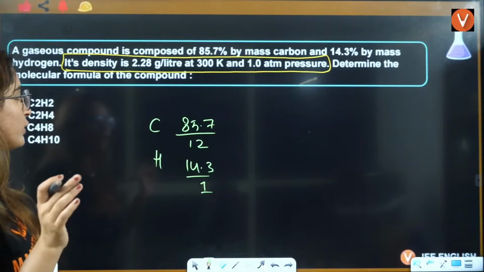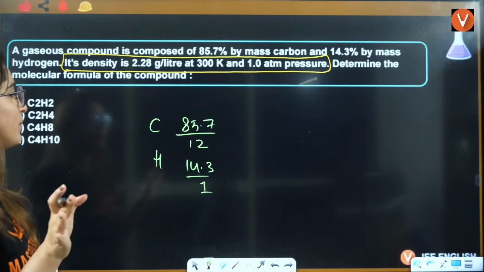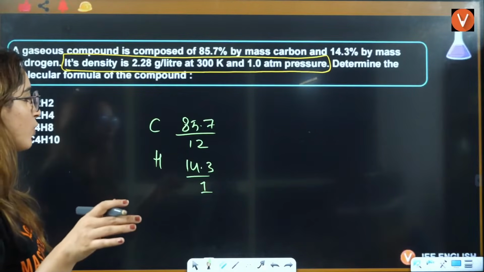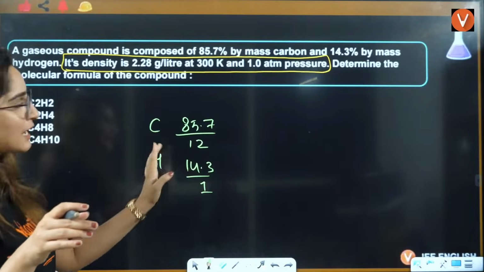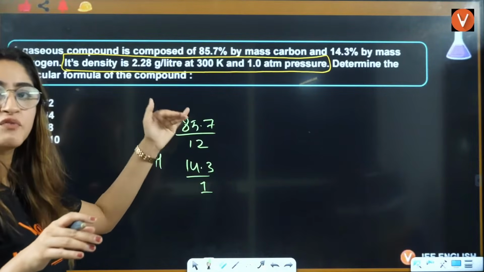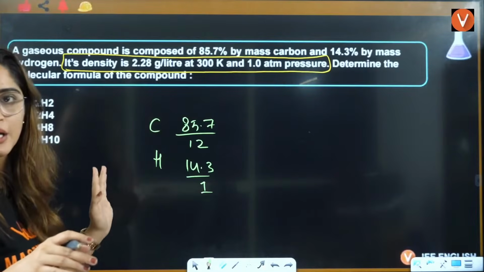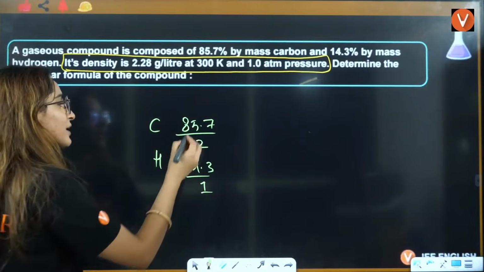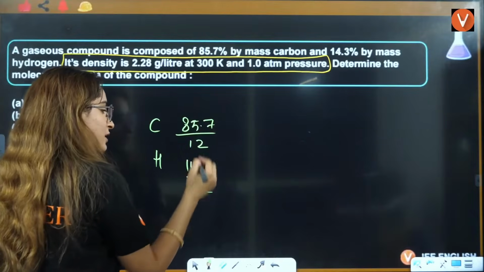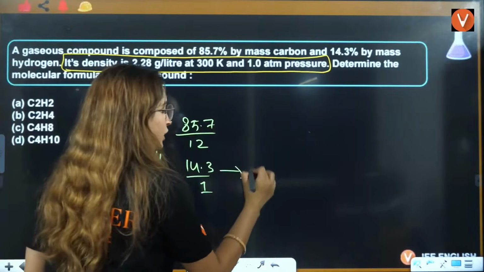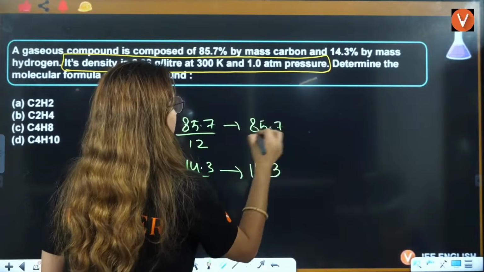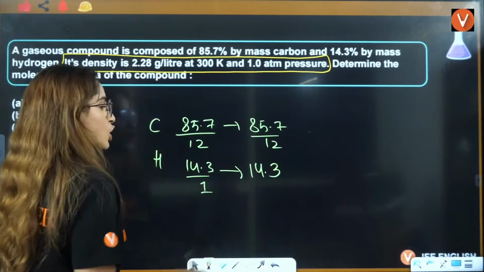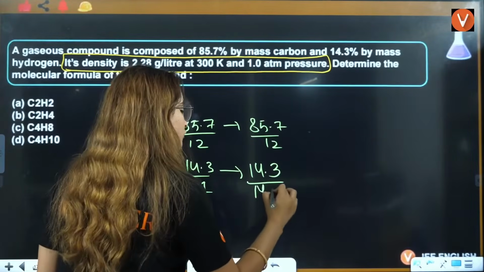So simple whole number ratio you can calculate in one way also: you multiply this by 12, this by 12, right? But once you multiply, the calculation will become much higher for you. Either you can calculate the value of this, which is nothing but 14.3, and this is 85.7 divided by 12, and then divide both by 14 by 3.